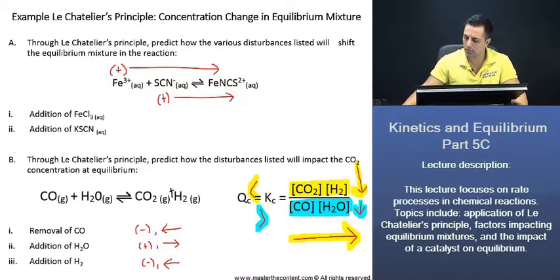And therefore, the reaction will shift to the left. Because now we're going to have more products, and if we have more products, then we have a higher reaction quotient. If we have a higher reaction quotient, then we need to create more reactants, right, in order to balance out the increase in products that we will have.